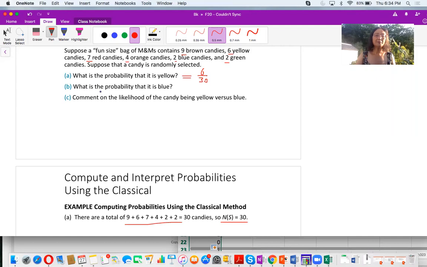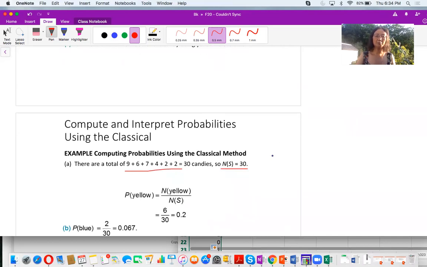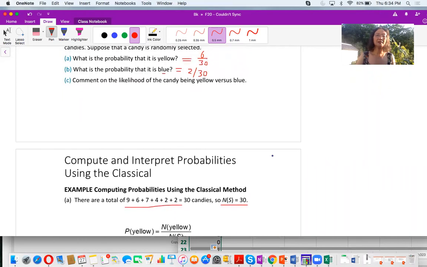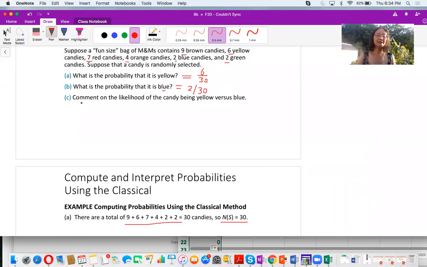And question B, what is the probability that it is blue? How many blue? Blue is 2. So you use 2 divided by 30. That is for blue. And question C, comment on the likelihood of the candy being yellow versus blue.